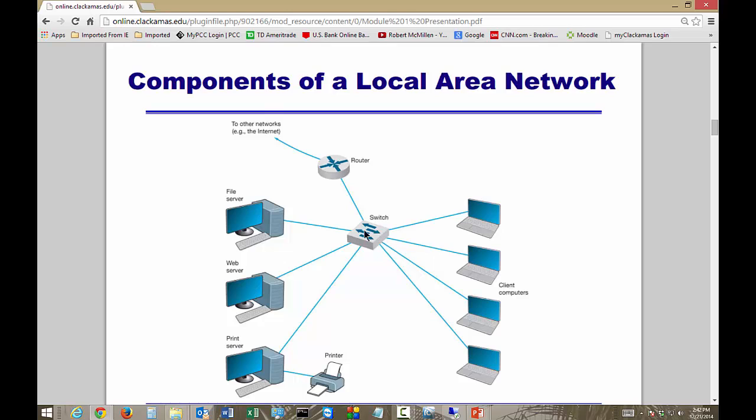And connected to that switch, of course, you have all your different servers. In this case, you've got a print server, web server, and file server. And we also have client computers as well. Now you see this printer here, it could be physically connected to the print server and shared that way, or it could be connected to the switch and then shared through a print queue.